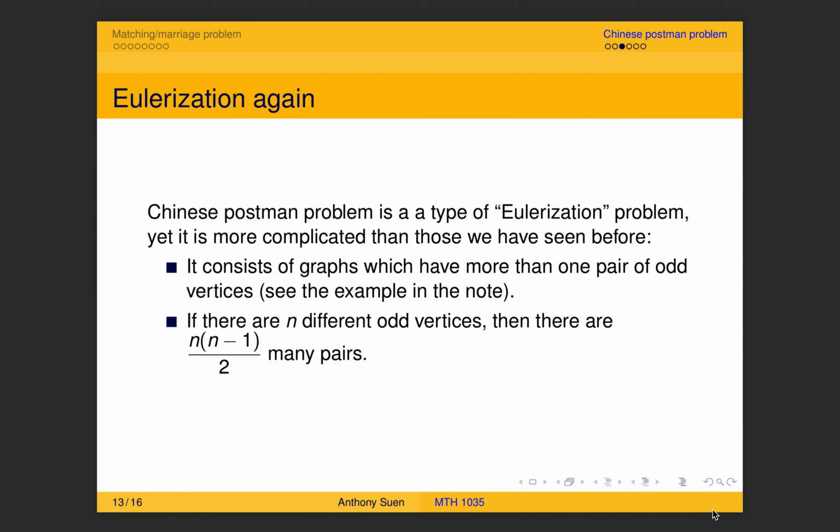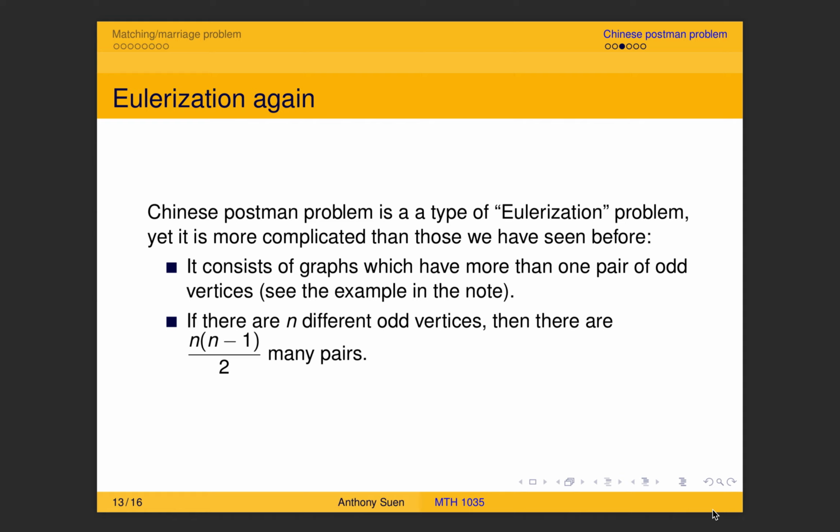In fact, the resulting graph will have a Eulerian tour. But if we have more odd vertices, then the problem will be much more difficult. Why so difficult?